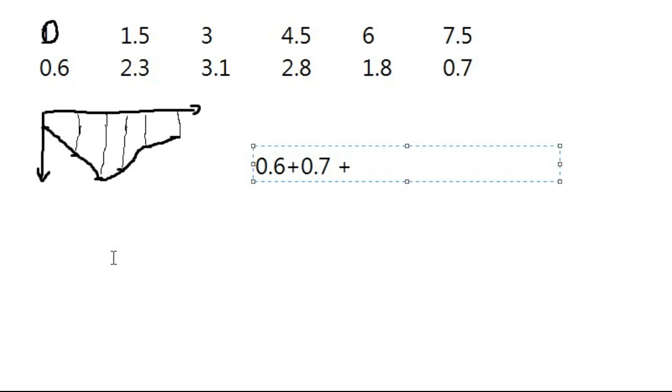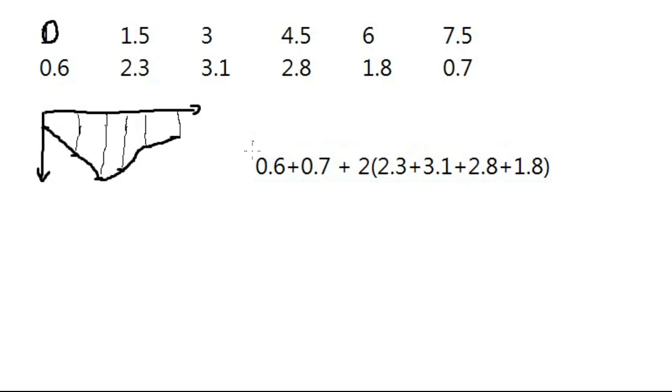Then you add twice every single number in between, which is 2.3 plus 3.1 plus 2.8 plus 1.8, and everything in here, which I will do a giant bracket for, and now everything here multiply by the width of the strip, which is 1.5, and you divide by 2, and that will be your equation for the entire area underneath these trapeziums.